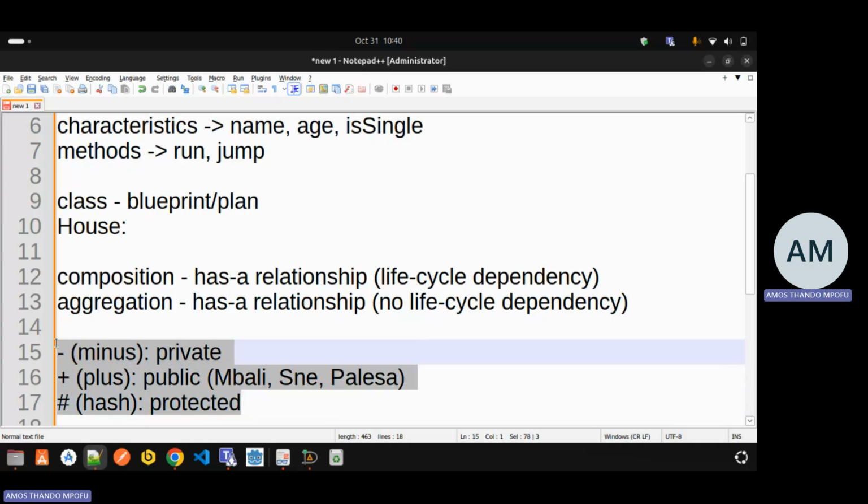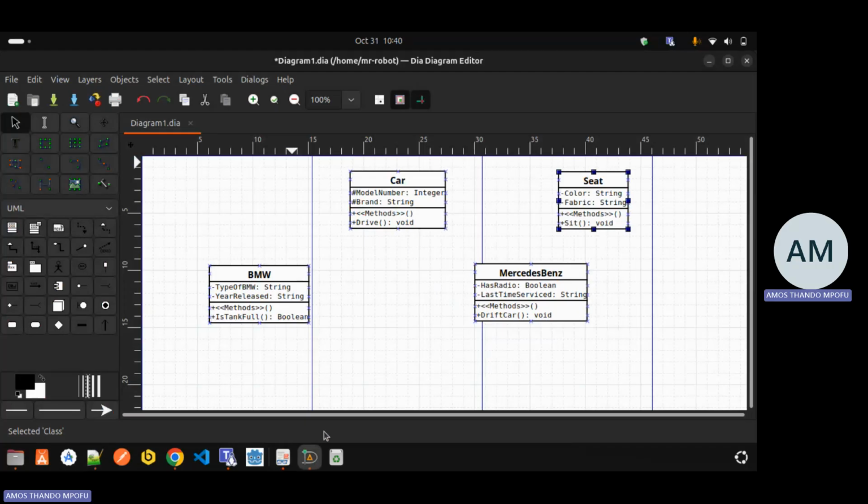So to get the 5 marks, they need to see all three of these in your UML notation, and you applied it in the right place. So, for example, for the car, the attributes you've made protected, they see the hash, they see the minus, they see the plus, like, oh, this person actually understands. So that's how you're going to get your marks.